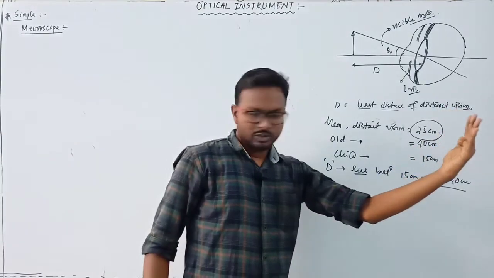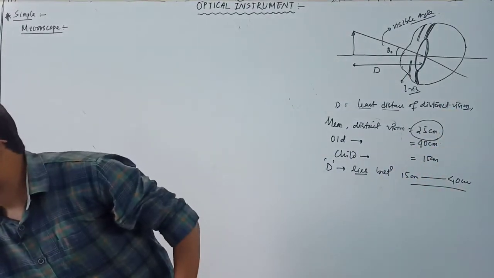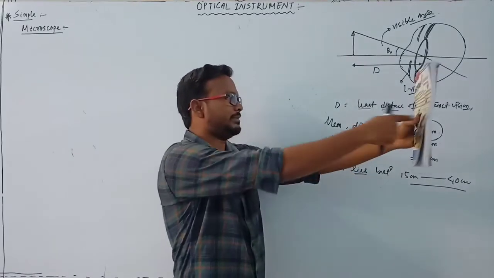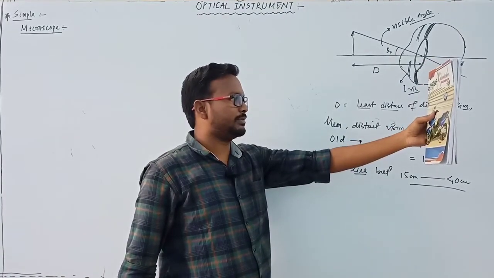Suppose there is an object at 25 centimeter and it is easy to see. Clear?